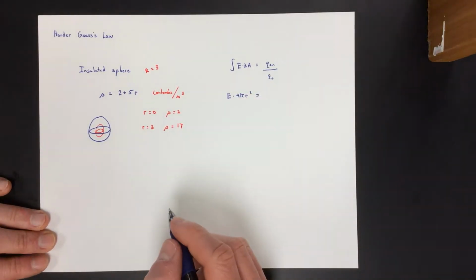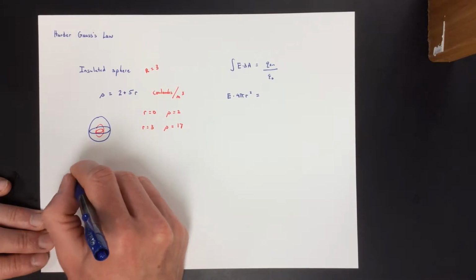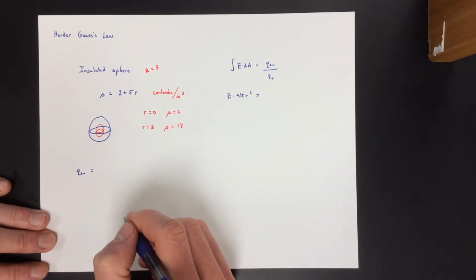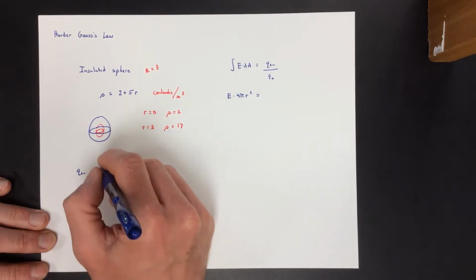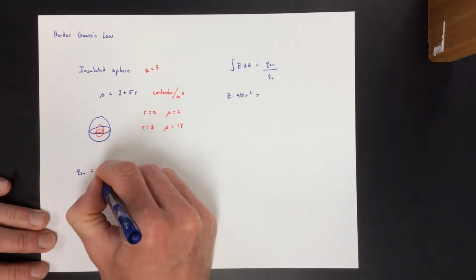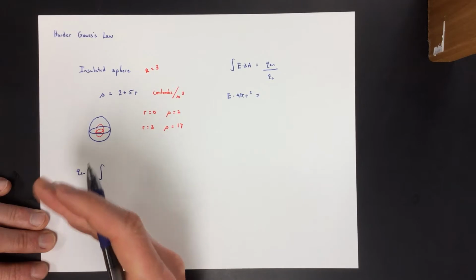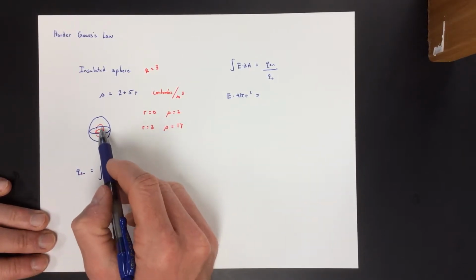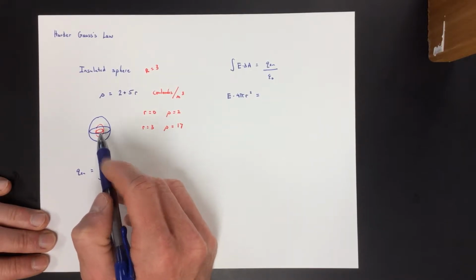And now the hard part. Okay, let's come down here. How much have I enclosed of the charge? Well, I've got to accumulate all these little bitty dq's, and so how do I figure that out? Well, I end up having to break the red Gaussian sphere into a bunch of shells.